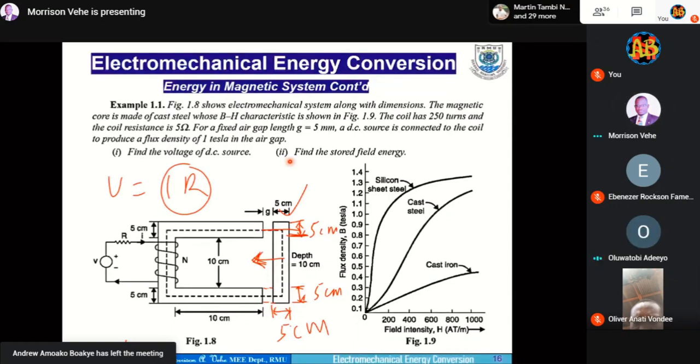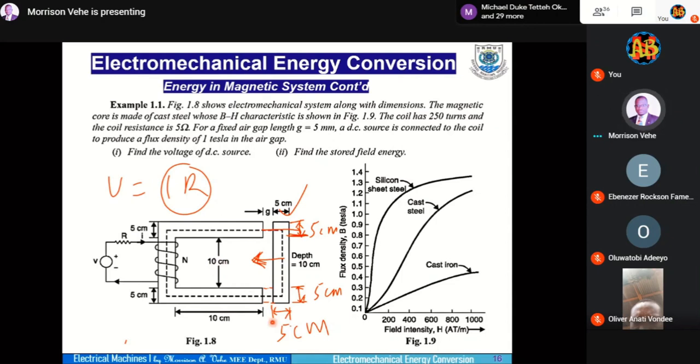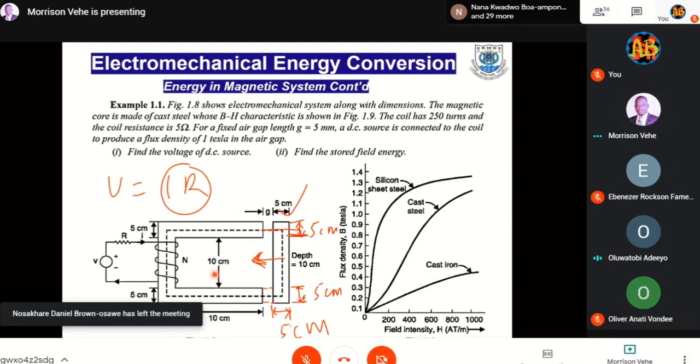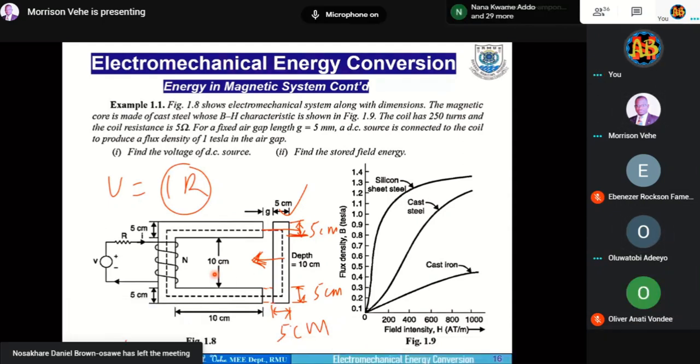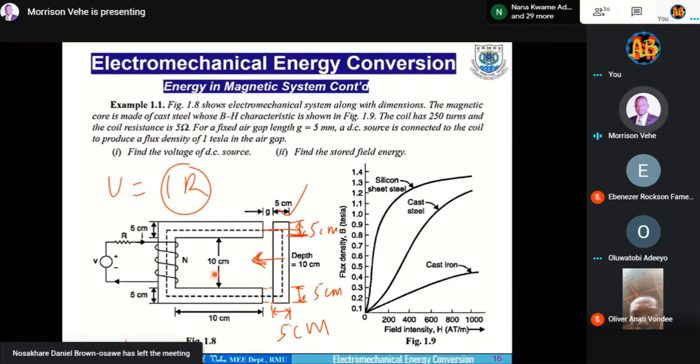Okay, so basically, if you divide 10 by 100, what do you get? Is that 0.1? Yes, sir. That's 0.1.